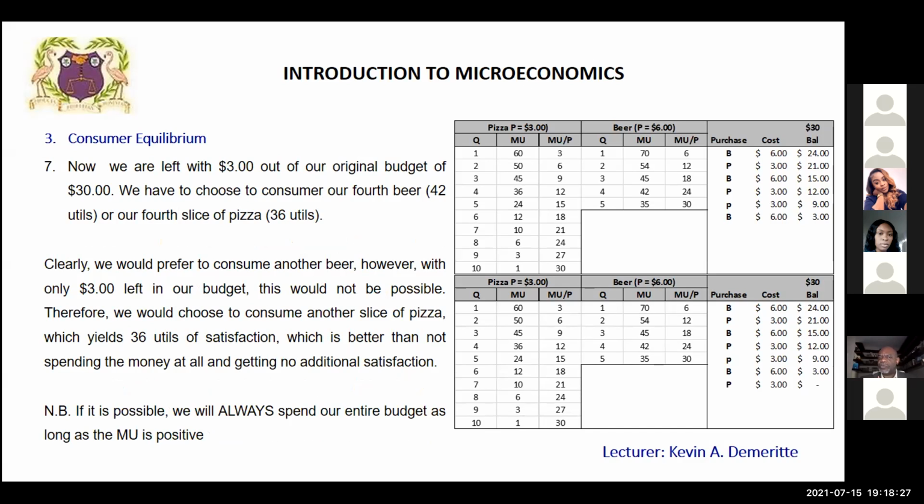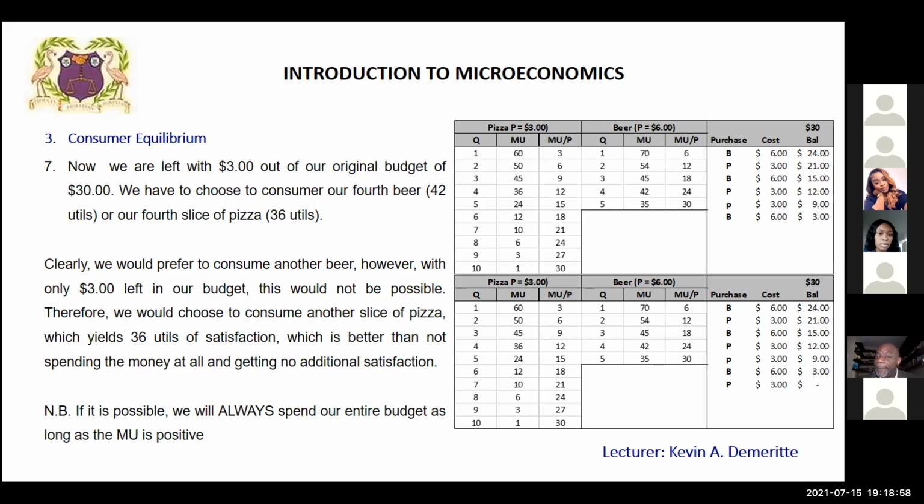What do you do with the $3? Again, we're choosing between spending our money on beer or spending our money on pizza. But if you look at the marginal utility, because now we're choosing between our fourth beer and our fourth slice of pizza, our fourth beer would give us 42 units of satisfaction. Our fourth pizza only would give us 36.